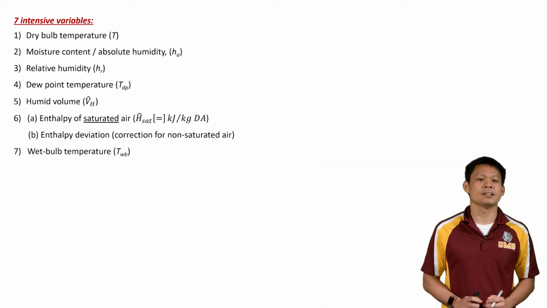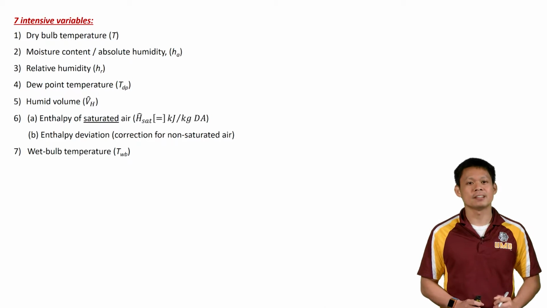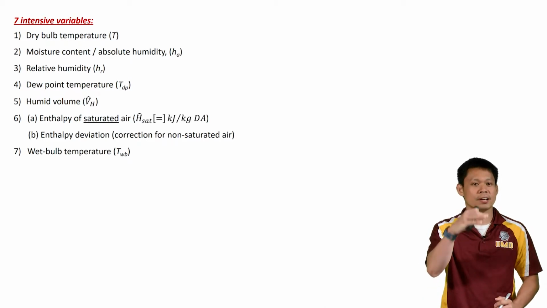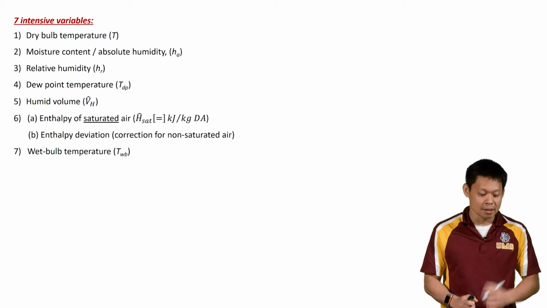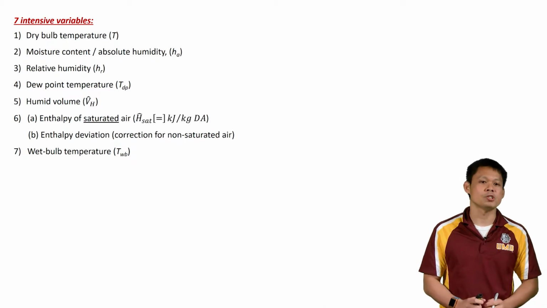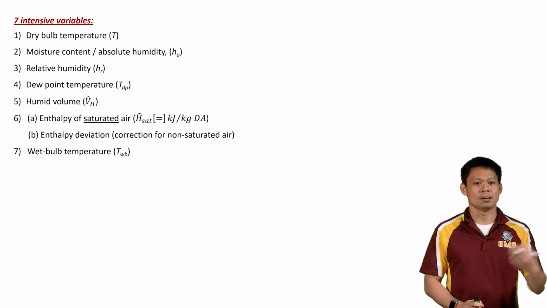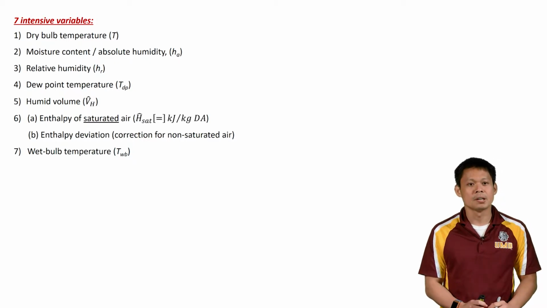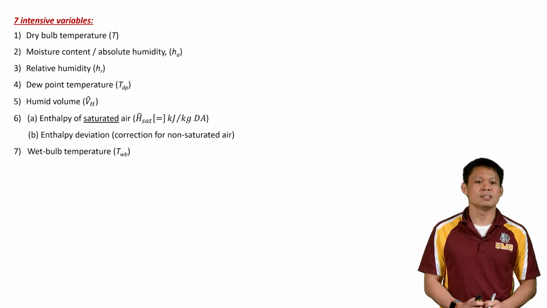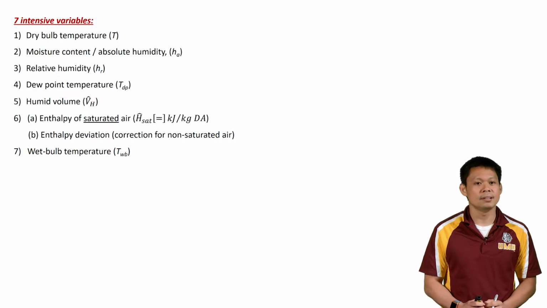All right, so now let's look at the 7 different intensive variables. I've listed them down here for now, and we're going to go through the chart and see how we're going to read off each one of them. The first one we're going to see is the dry bulb temperature, which is essentially the temperature that we're used to talking about, the temperature you read from a thermometer. The second variable is the moisture content, or the absolute humidity. The third one is the relative humidity.